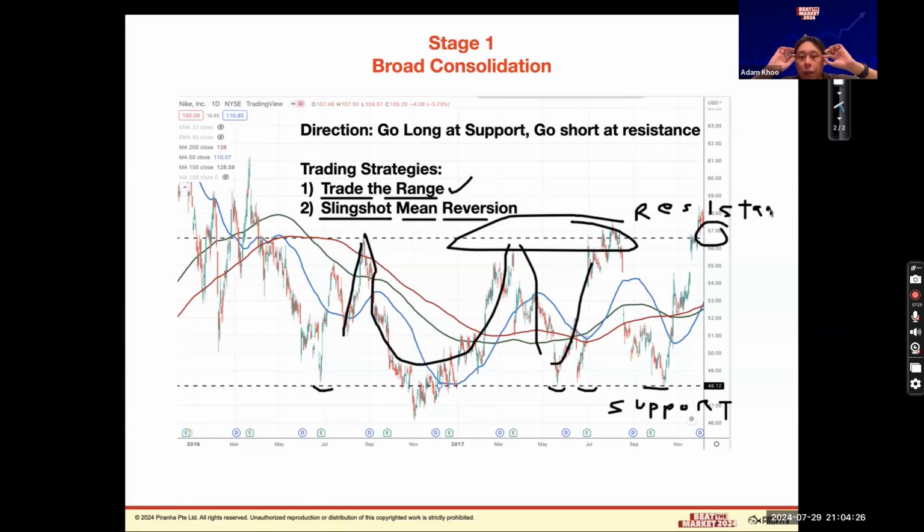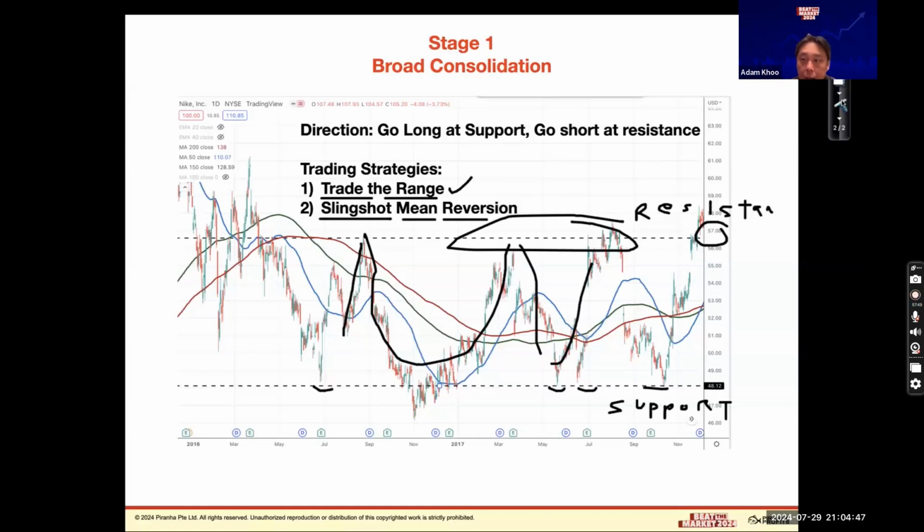It's a psychological level. So once it reaches 57, sellers will rush in and sell, and supply exceeds demand, and the price reverses back down again. And of course, like what Alson taught yesterday, a lot of it is market maker manipulation as well, where market makers manipulate and it creates all these patterns.